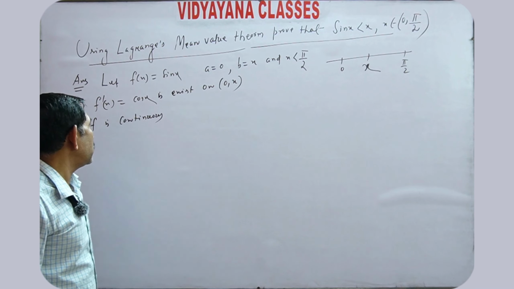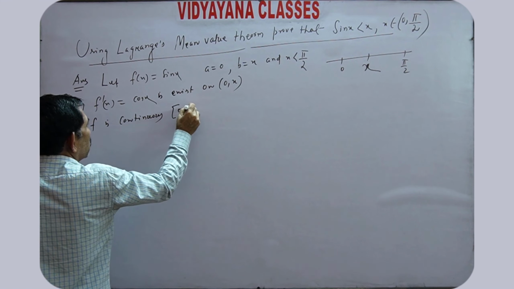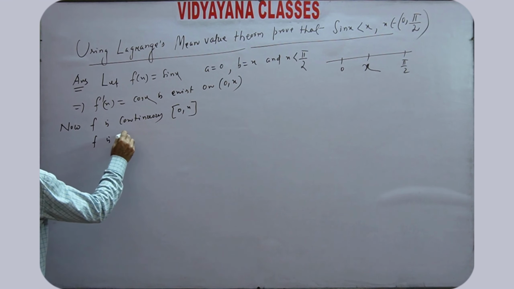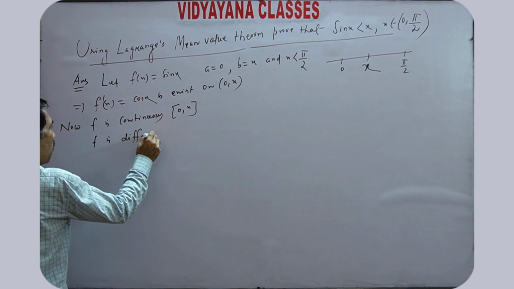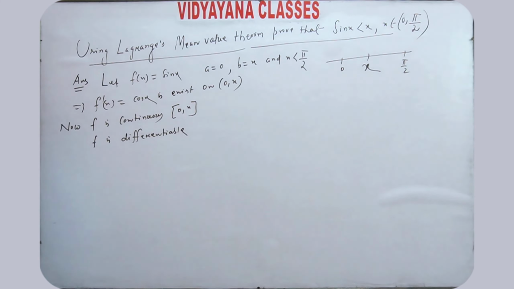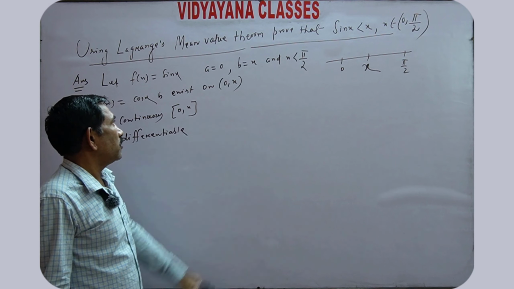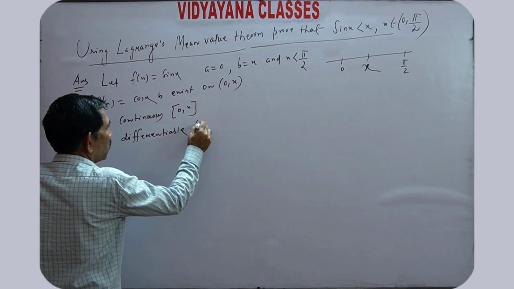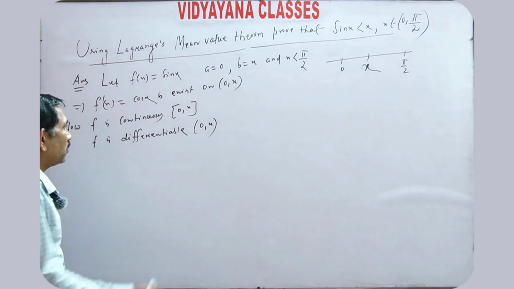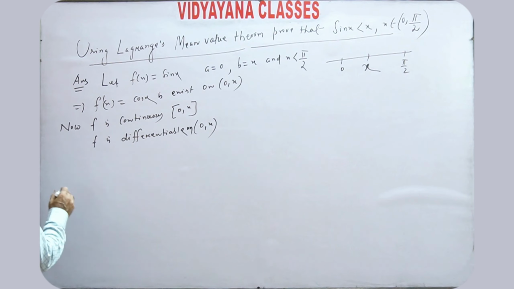So sin x is continuous on closed bracket [0, x]. f is differentiable. f dash x equal to cos x. Cos x exists on open bracket (0, x). Clear? f is differentiable on open bracket (0, x).